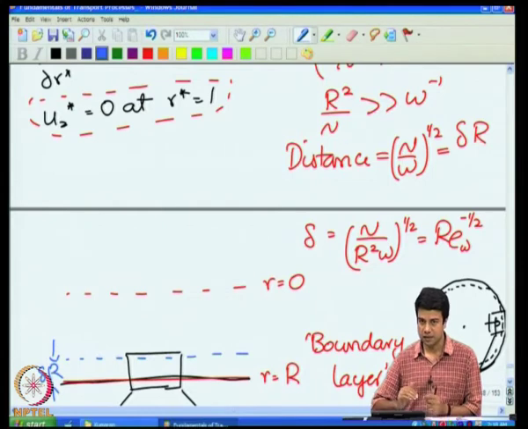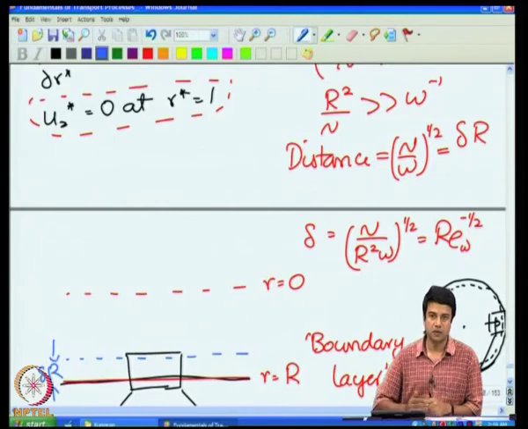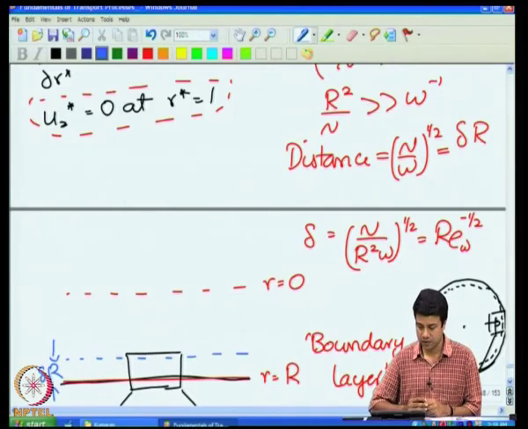That means that momentum from the surface does not diffuse very far over one time period. So, on that basis I had neglected the viscous term. However, when I scaled the radius by capital R, I was assuming that we were considering the time for diffusion all the way to the center.